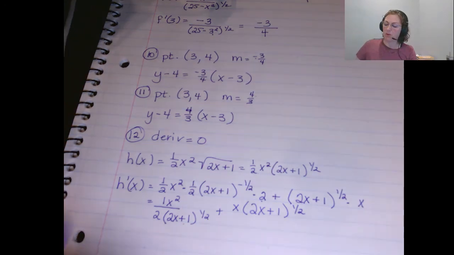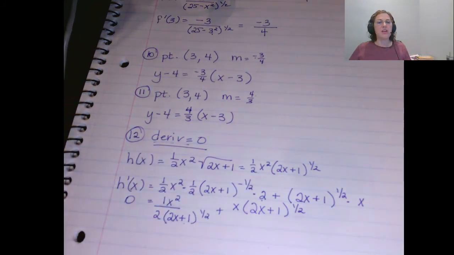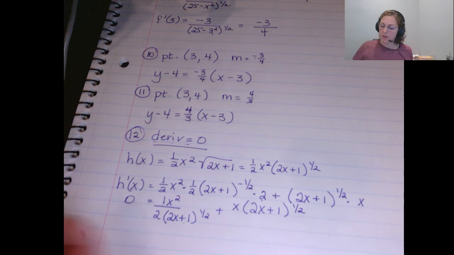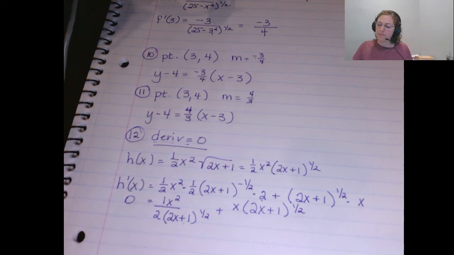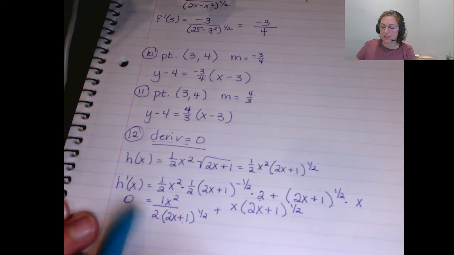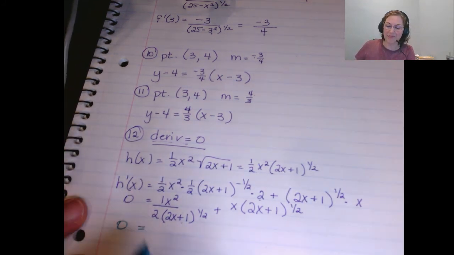All right, now remember, we want derivative equal to 0. So we're going to set this equal to 0. That looks very ugly, but we're going to make it a lot simpler because we're going to multiply by this denominator to get rid of the fractions. Because easily, if I multiply by this denominator times 0, I still get 0.